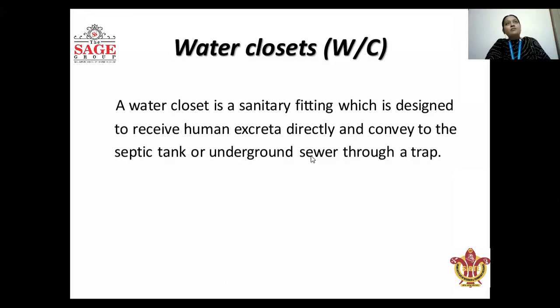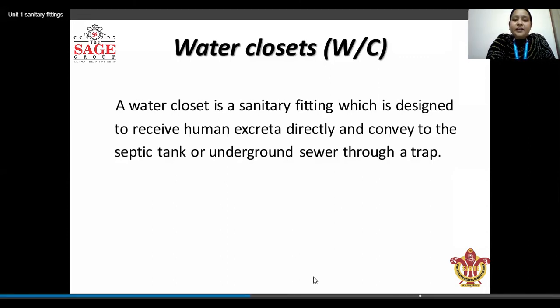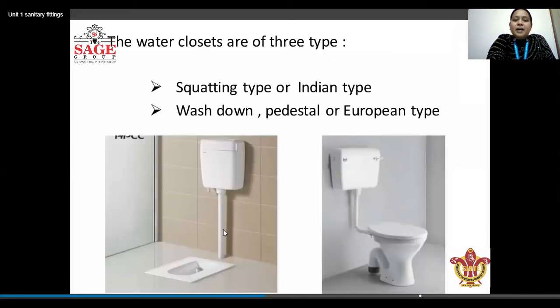Then we carry that waste forward to the septic tank, the underground sewer or trap. These are the two examples: squatting type or Indian type water closet, and the second one is the European type. We all know the types of water closet.